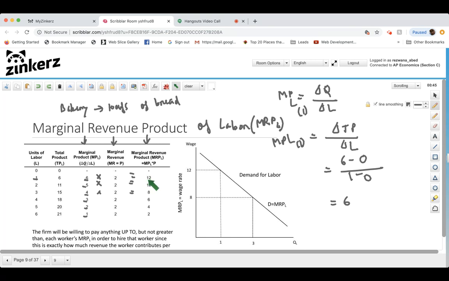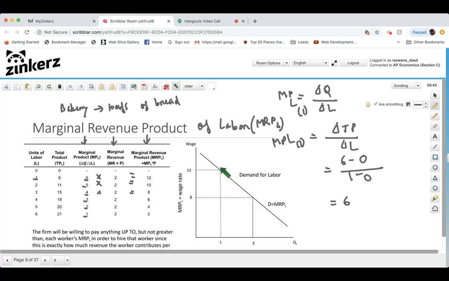That's why they would be willing to pay up to $12 to hire that first worker, but nothing more. They would be happy to pay less, but the maximum they would be willing to pay is $12.